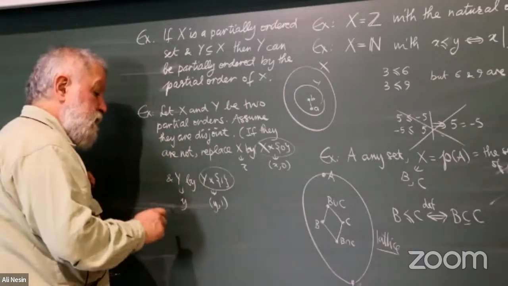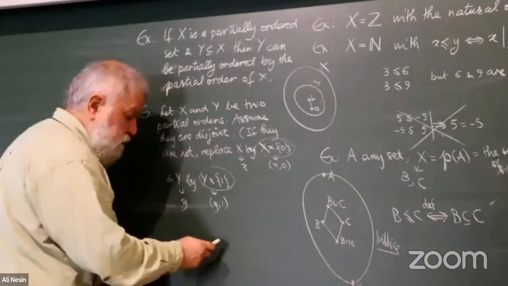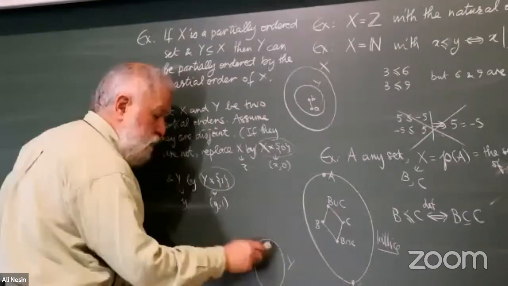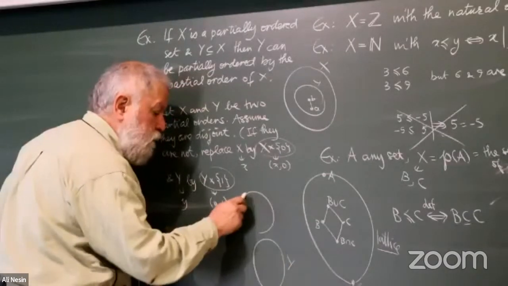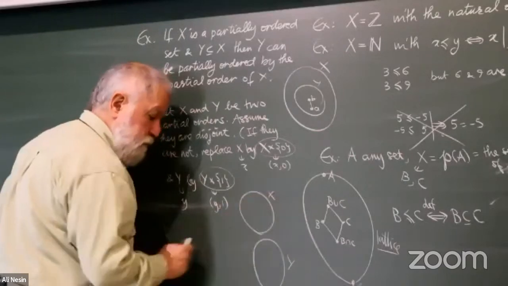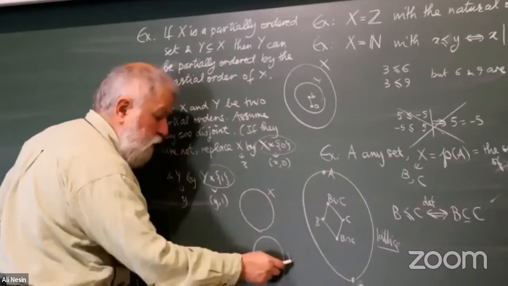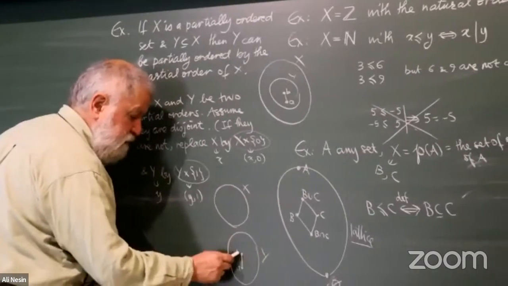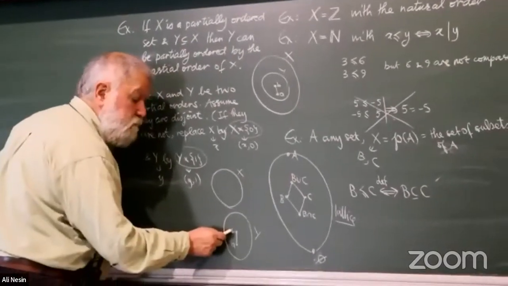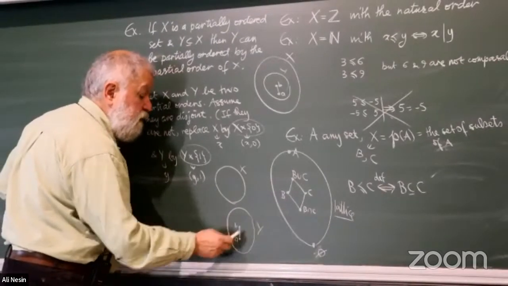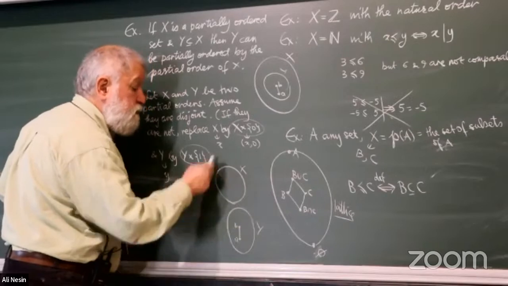And now, okay, so do the following. Let's say put Y at the bottom, put X on top. If a and b are both in Y, if a is less than or equal to b in Y, then say that a is less than or equal to b in this union.